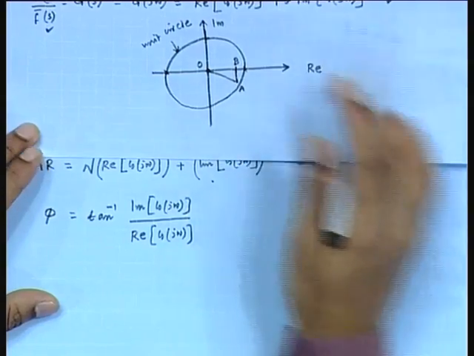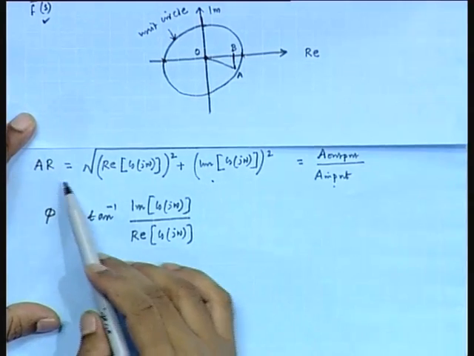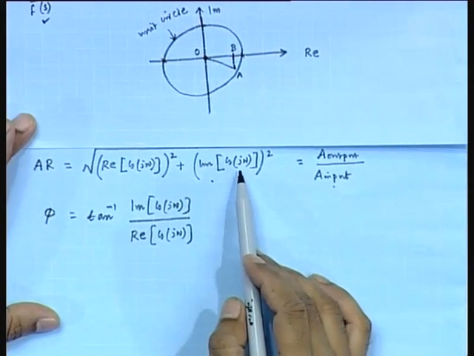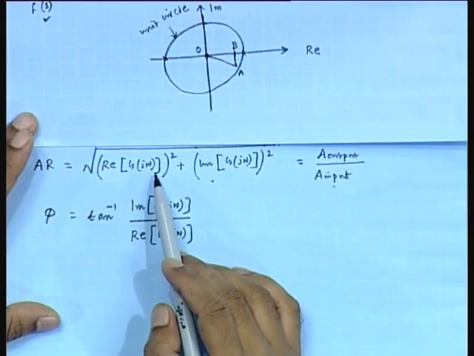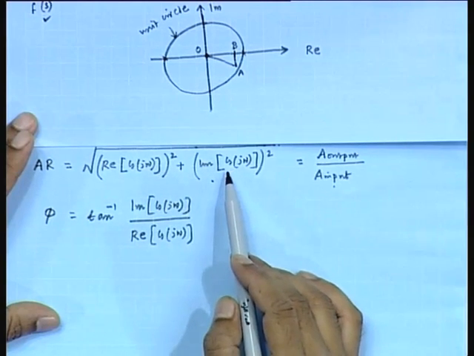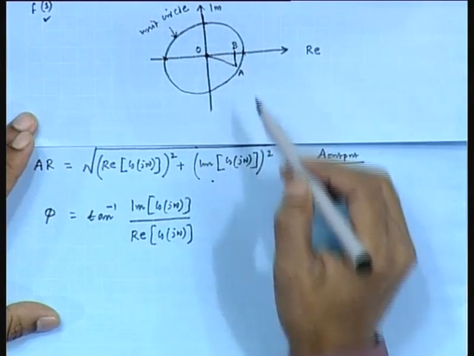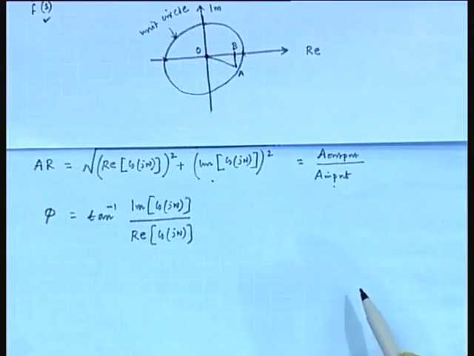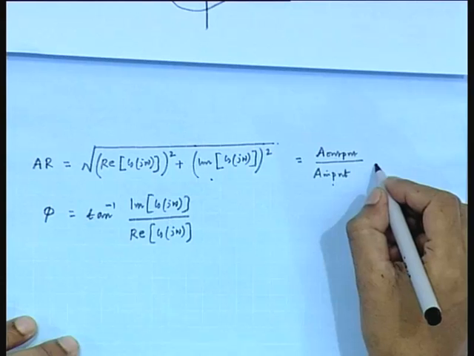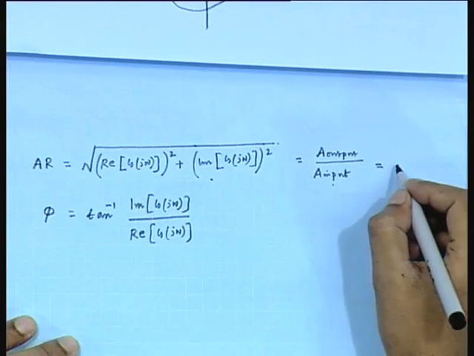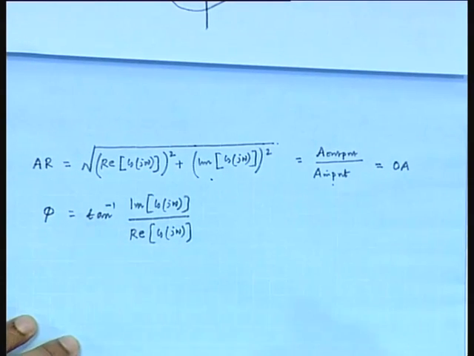Agree? If we consider G(s) is this one and amplitude ratio is square root of real part square plus imaginary part square, then this OA represents the amplitude ratio.